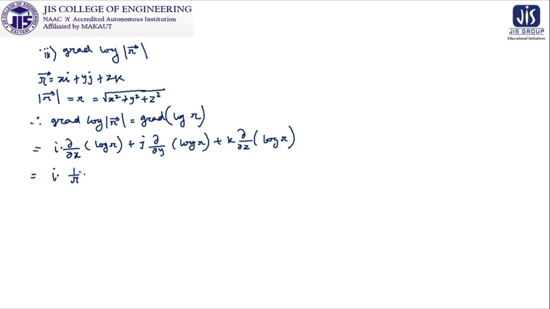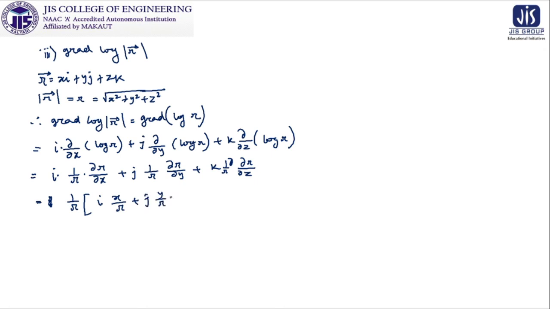It is 1 by r, then del r del x, plus j, also 1 by r del r del y, plus k, 1 by r del r del z. And del r del x, del r del y, del r del z are all known to us. So we can take 1 by r common from here. I del r del x, in this position we can write x by r, plus j y by r plus k z by r.